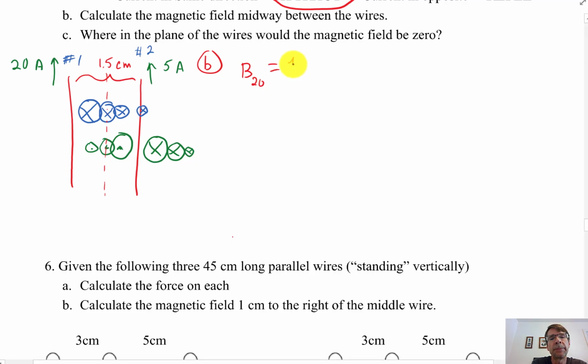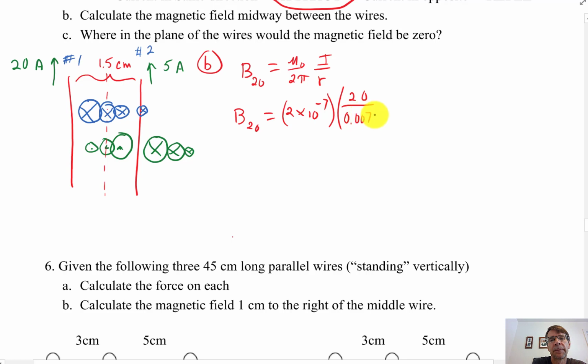But now it's just mu 0 over 2 pi I over this distance. So at that location, it's 2 times 10 to the negative 7th, times the current in that wire, which is 20 amps. Now it's 0.75 centimeters, which is 0.0075 meters.